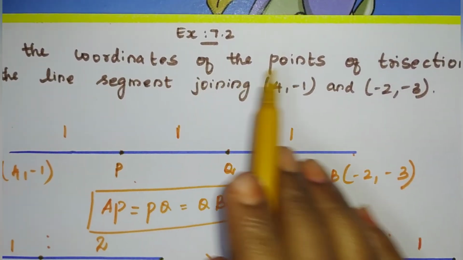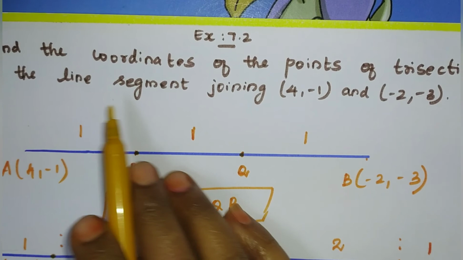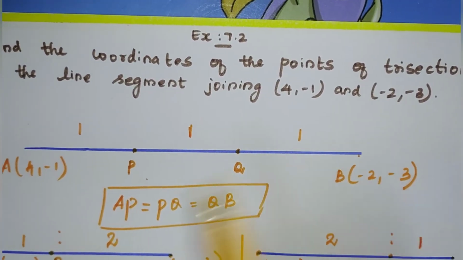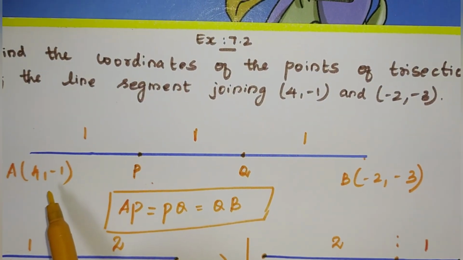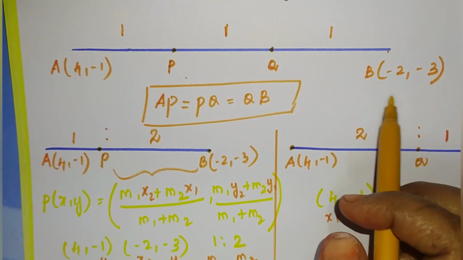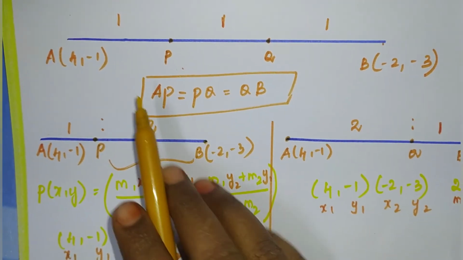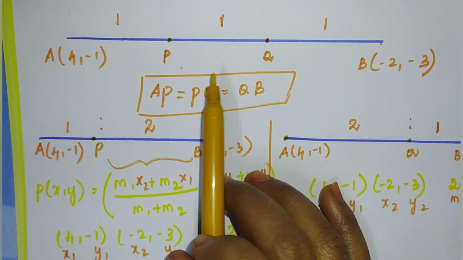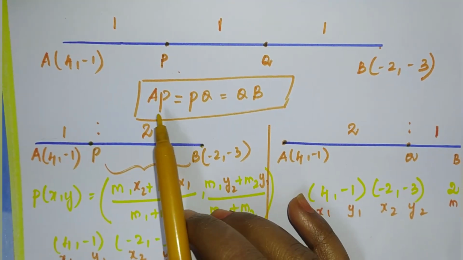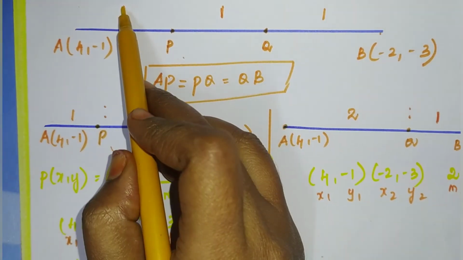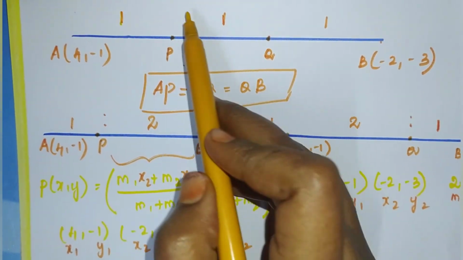So find the coordinates of the points of trisection of the line segment joining 4 comma minus 1 and minus 2 comma minus 3. So 4 comma minus 1, that one point I represented as A, and B is minus 2 comma minus 3. Since it is trisection, the line segment is divided so that AP is equal to PQ is equal to QB. This I am going to take as 1 is to 1 is to 1.